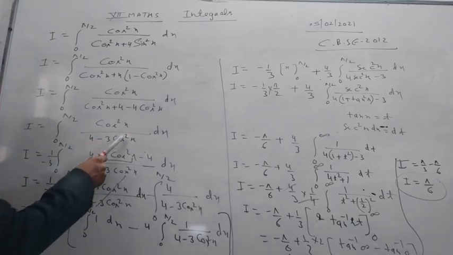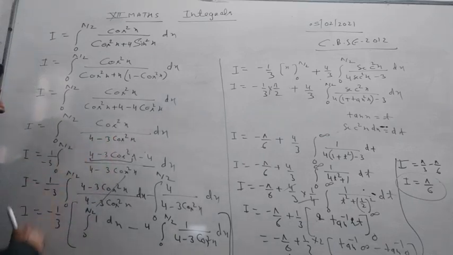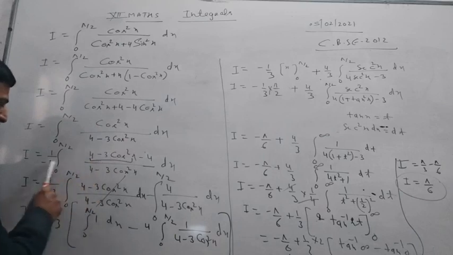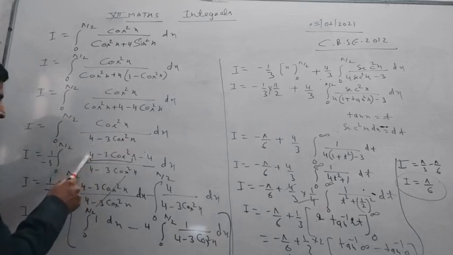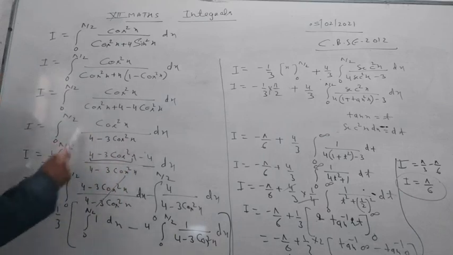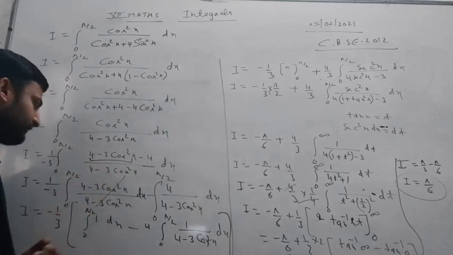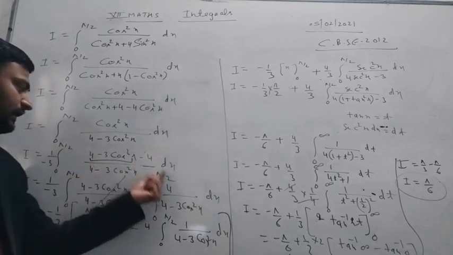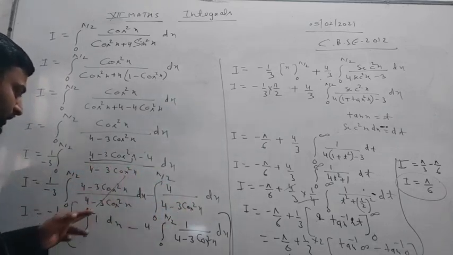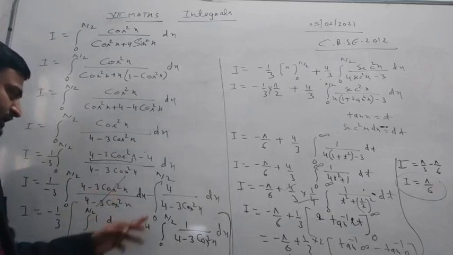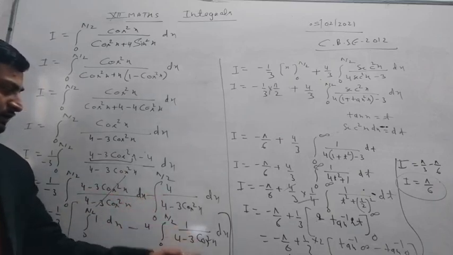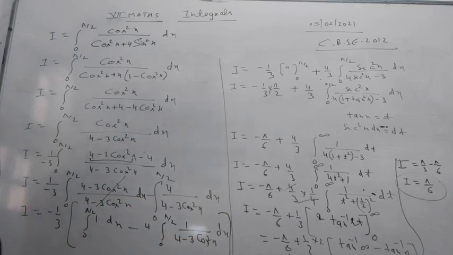we are making this part like this. So we are multiplying with minus 3 and dividing with minus 3, adding plus 4, subtracting minus 4, we get this. Now we are separating this. We can write this and this in this form. This part is cancelled, we get 1 dx, and this is minus 4, 0 to pi by 2 dx.